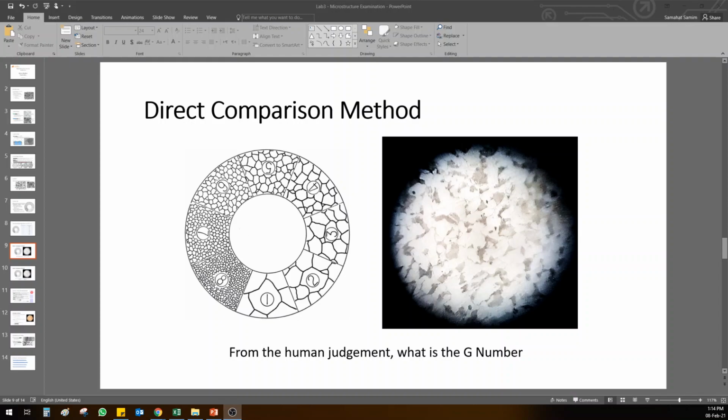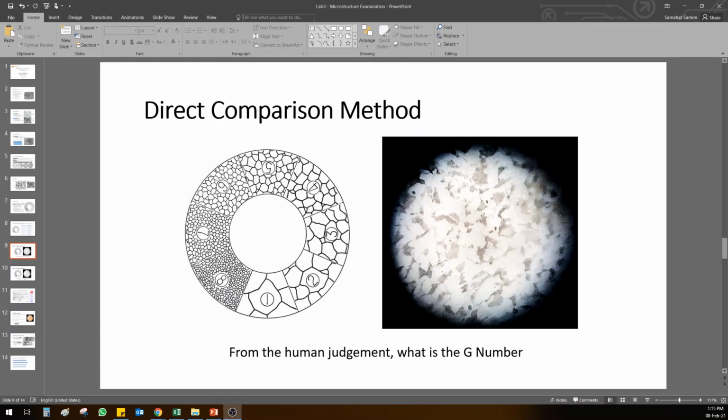Okay, here I have an example of the grain size measurement chart along with its microstructure given on the right side. Sometimes the microstructure which you get from the microscope is not clear enough to do the comparison. So the first method is called the direct comparison method. In the direct comparison method, we just compare the microstructure with the comparison chart.